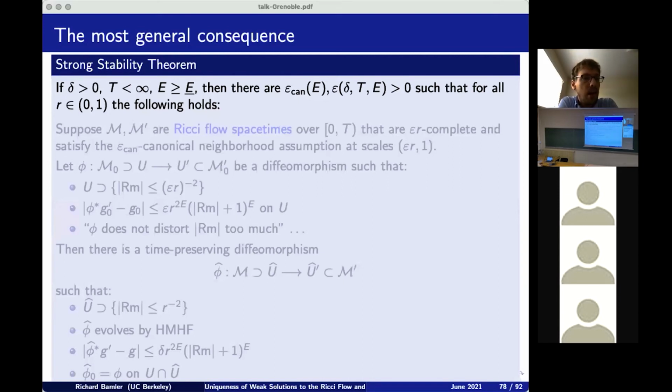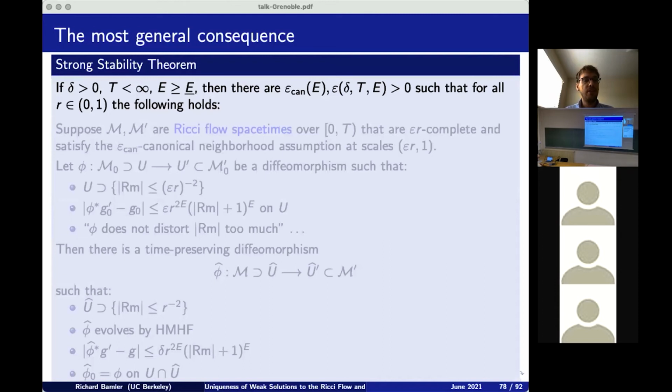And if you look at the proof carefully, you'll see that you don't even need isometric initial data if you just want to establish closeness. It's enough to have two flows with very close initial data and show that there is a comparison map that establishes some almost isometry between both flows.